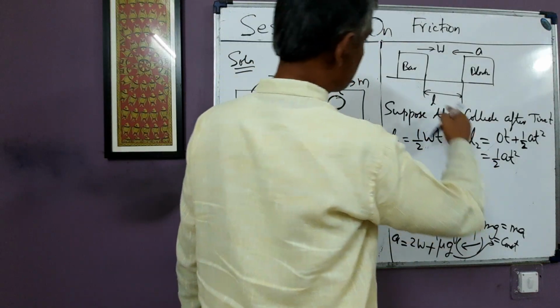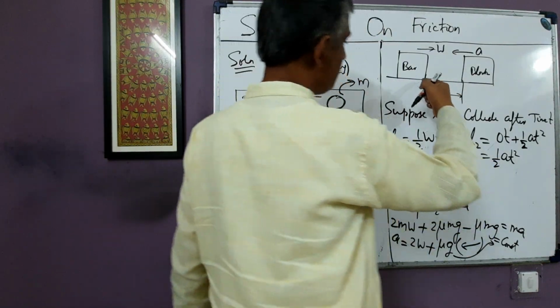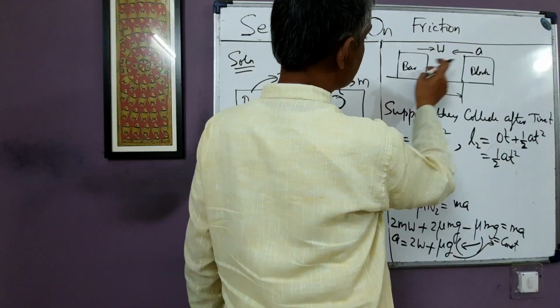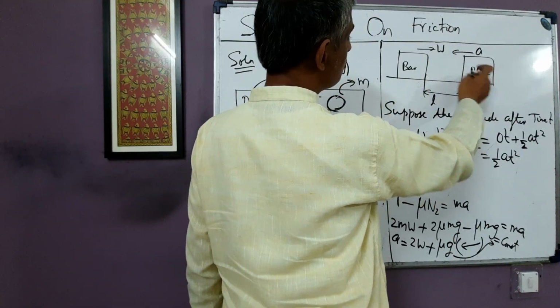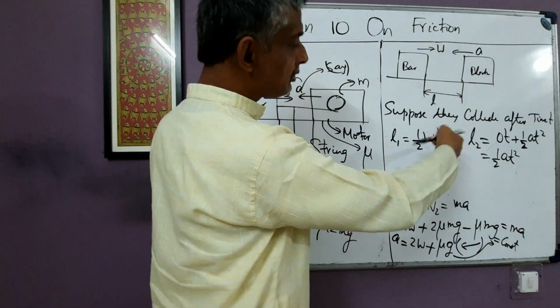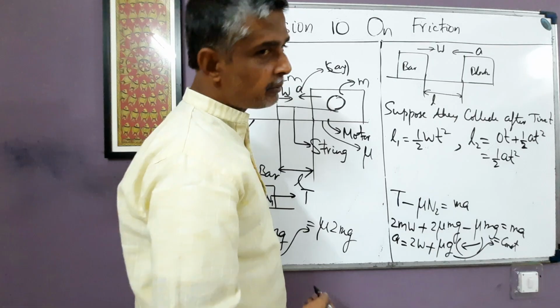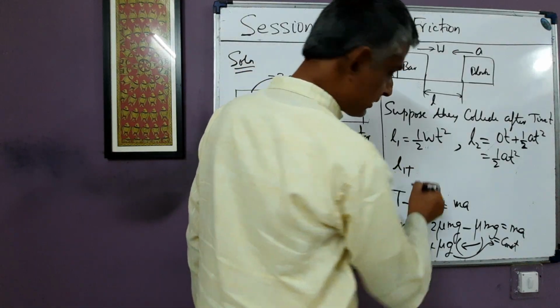Thus L1 plus L2 will add up to L, because when they meet, the bar will have moved L1 distance to the right side and the block will have moved L2 distance to the left side. So L1 plus L2 will just be equal to L from geometry. I hope it is clear.